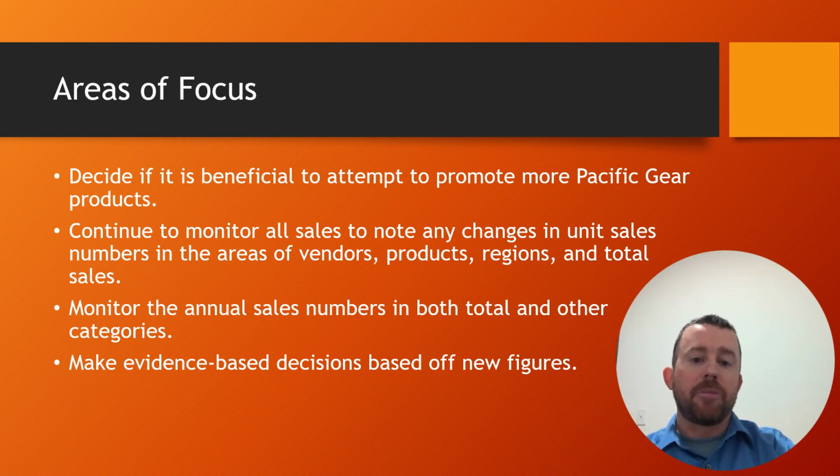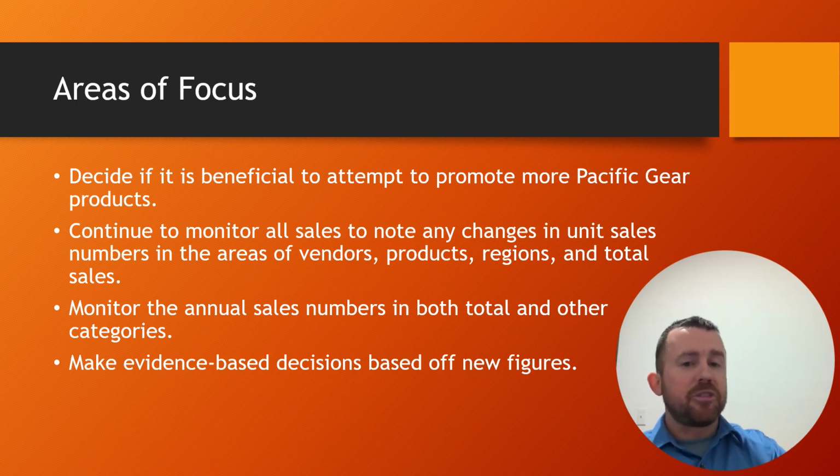Continue to monitor all sales changes in units and numbers of vendors, products, regions, and total sales. So just continue to be diligent, focus on each little detail, and then it all paints a big picture that we need to understand. Monitor the annual sales in both total and other categories.